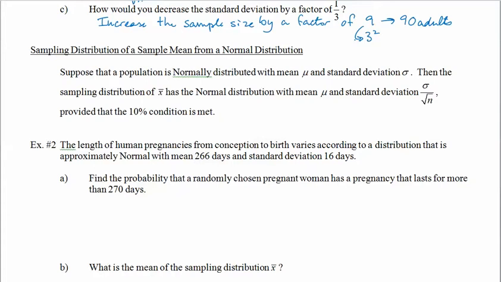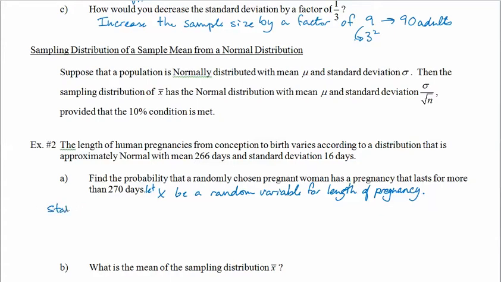Alright, so it'd be good for you to try this on your own before you come back and see the solution. So pause now. Alright, so we're going to let X be a random variable for the length of pregnancy. So we're going to do state, plan, do, and conclude.